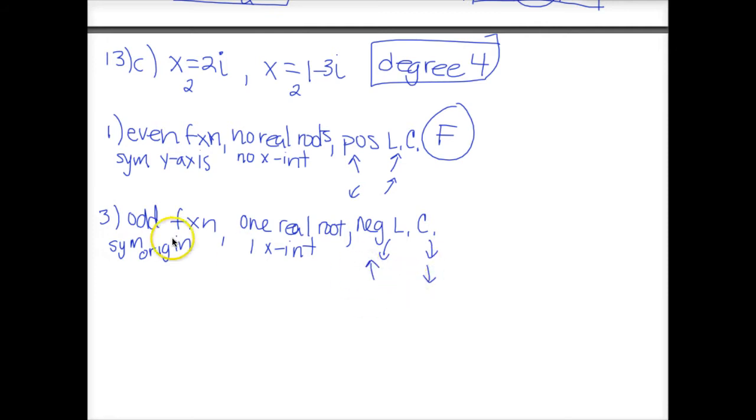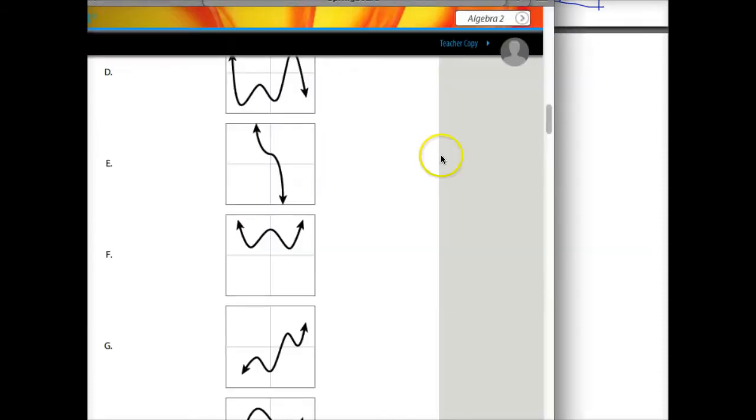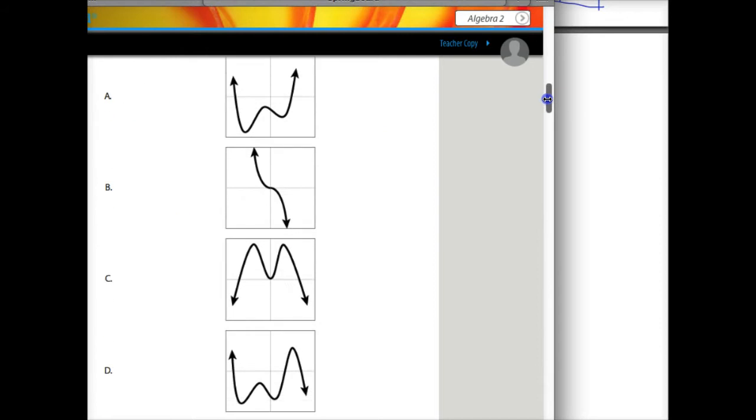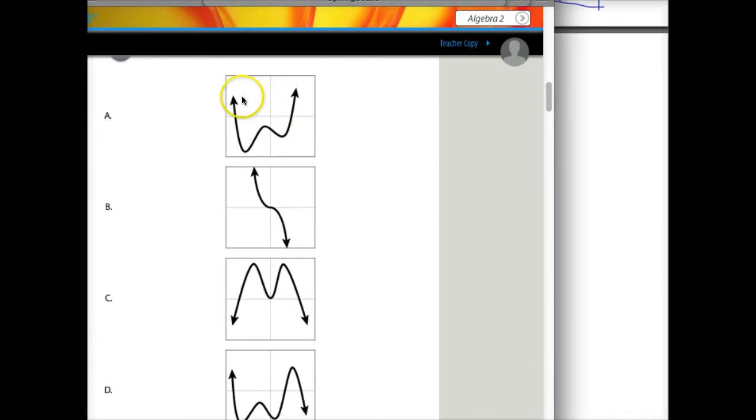So I look at my choices again. Symmetric about the origin is the first thing that I need. So I go back to the top of my choices. This guy, if I turn it 180 degrees upside down, that's not going to work. This one, it is. If I turn it 180 degrees, it would match up on top of itself.